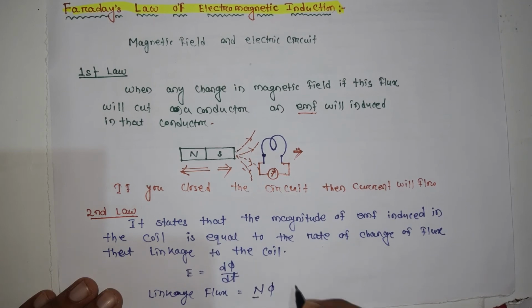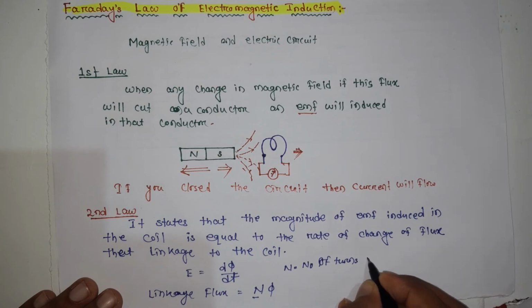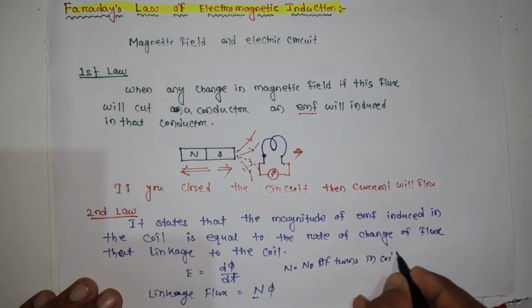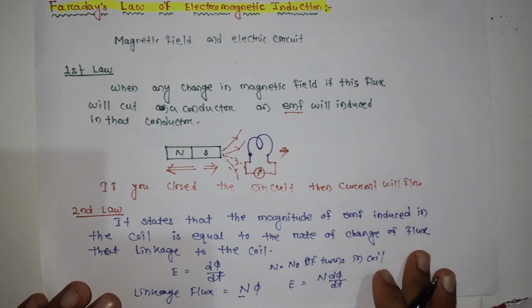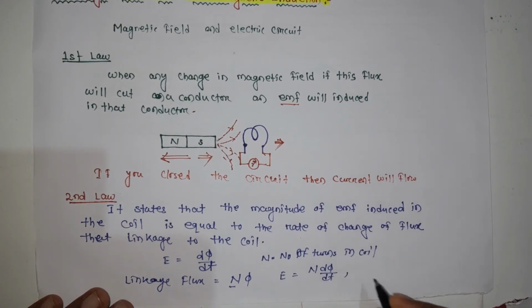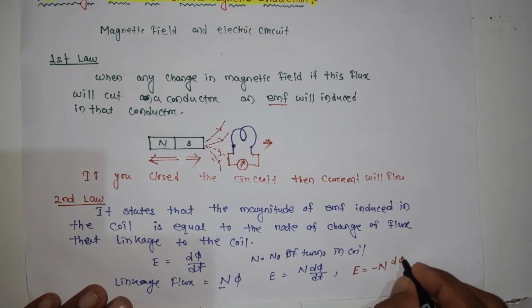Here N is the number of turns in the coil. You can just write E equal to N d phi by dt, but actually the formula is E equal to minus N d phi by dt.